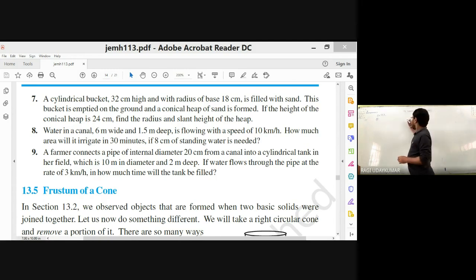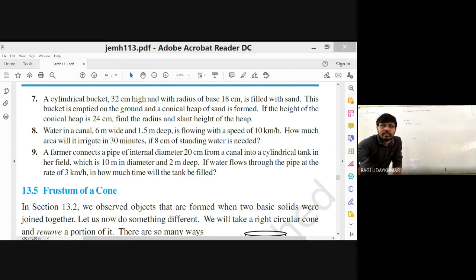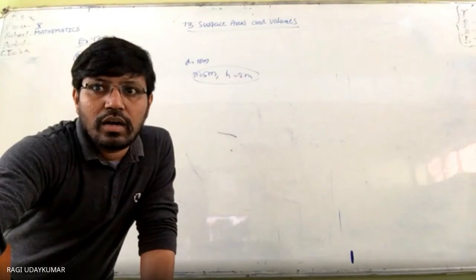So 10 meters is given to you as a diameter. So radius is equal to 5 meters and height is equal to 2 meters. So if the water flows through the pipe at a rate of 3 kilometers per hour, here also पाइप से... मैं क्वेश्चन दिखाऊंगा. क्वेश्चन समझ में आया ना?